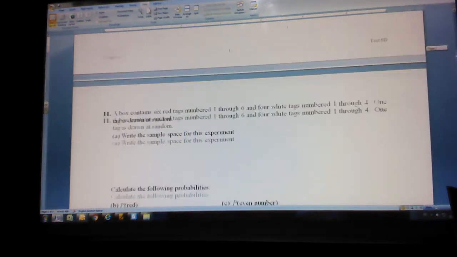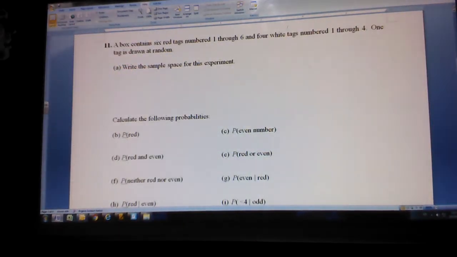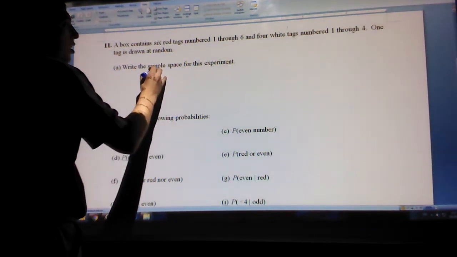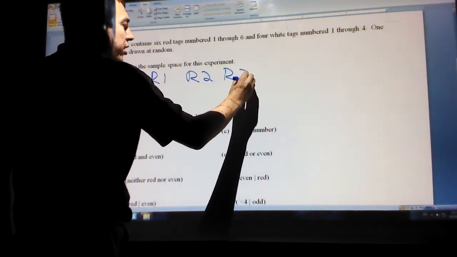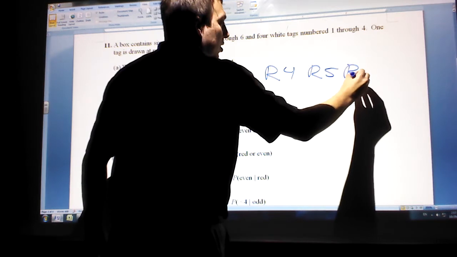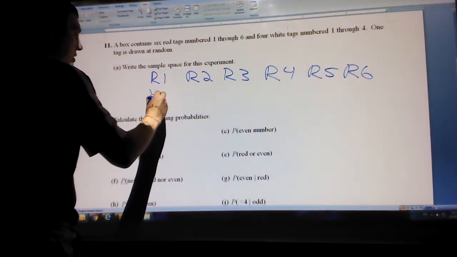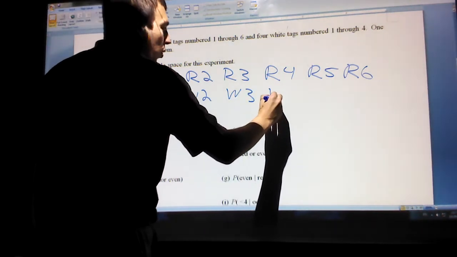Next. This one, please make sure you write out the sample space. This will help you a lot. There are 10 tags in a bag. That's not too many, so write it out. Red 1, red 2, red 3, red 4, red 5, red 6, white 1, white 2, white 3, white 4.